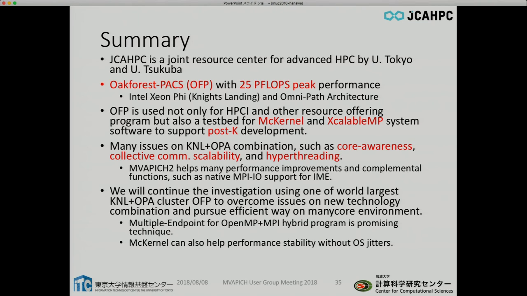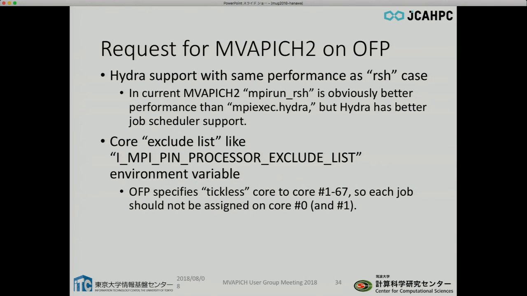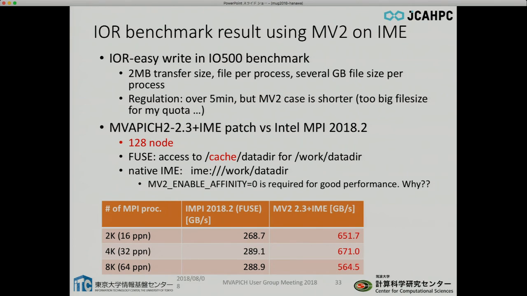Questions for Professor Hanwar? I think going back one slide, just a comment. You asked a question, why? Just go back one slide. Yeah, this affinity 0, is that a multi-threaded benchmark? No, almost flat MPI.